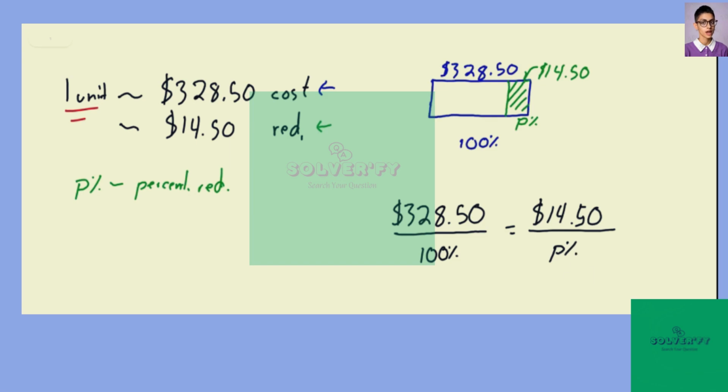Okay, so let's begin to do some simplification, shall we? The first thing we can do is rewrite this 100% in its decimal form, which would just be the number 1, right? You get the number 1 by moving this decimal point over 2 times. So 328.50 divided by 100% is just going to be 328.50 divided by 1, or the unchanged 328.50. On the left-hand side, you've got 14.50 divided by p%.